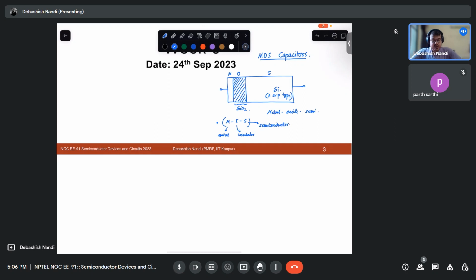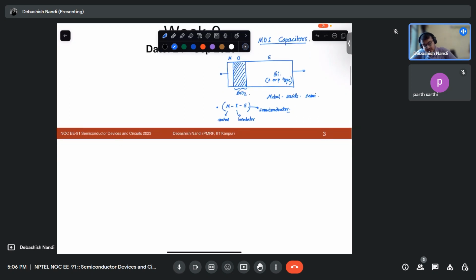So let us take some cases. So far we have discussed the metal semiconductor junction, the PN junction, high-low junctions, and also PIN diodes, right?